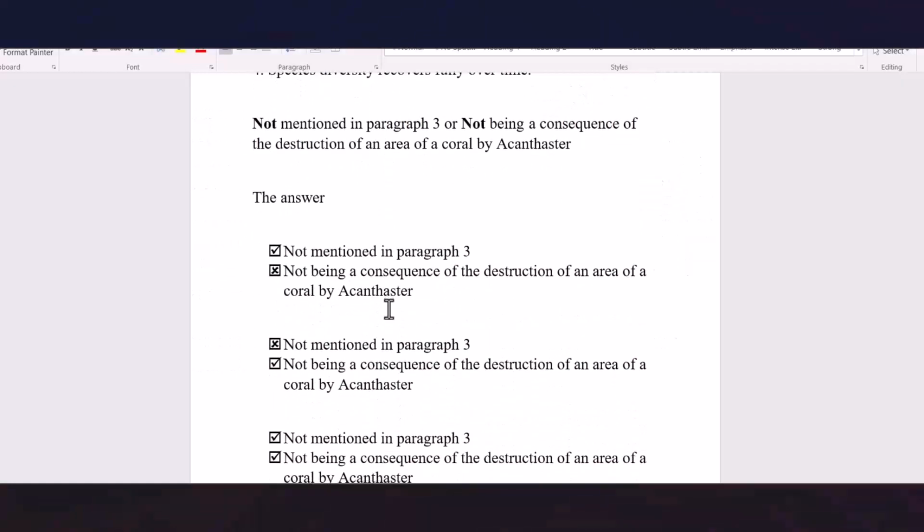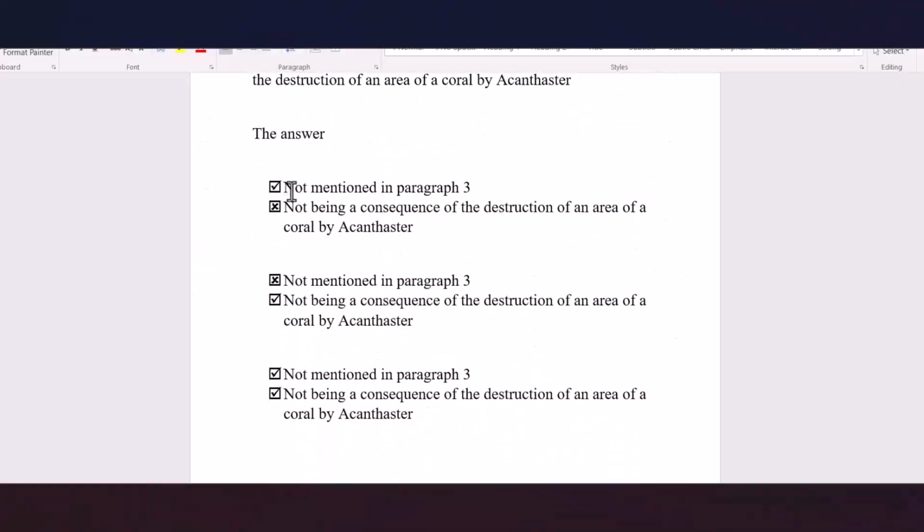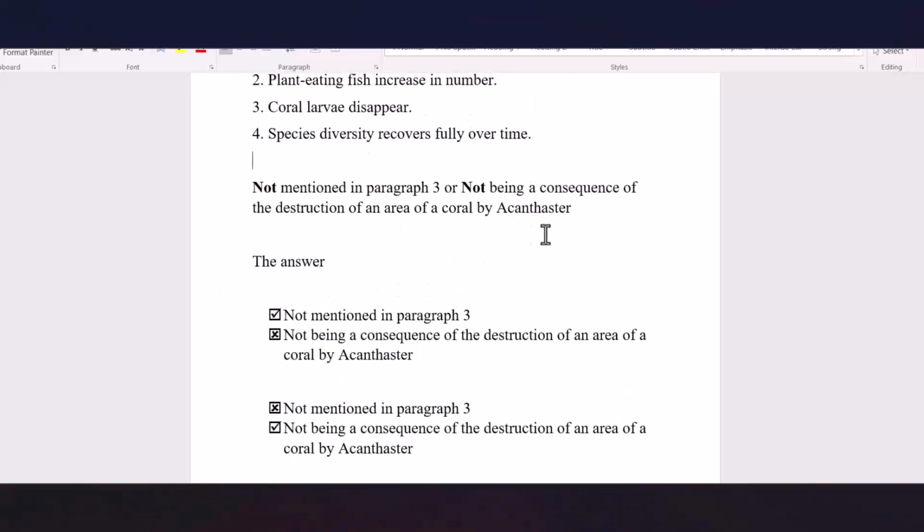So, in that case, since option 4 has not been mentioned in paragraph 3, it conforms to this condition or this condition, and in either case, it lives up to this condition that we concluded from the prompt.